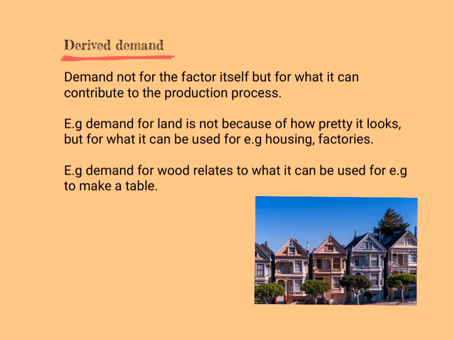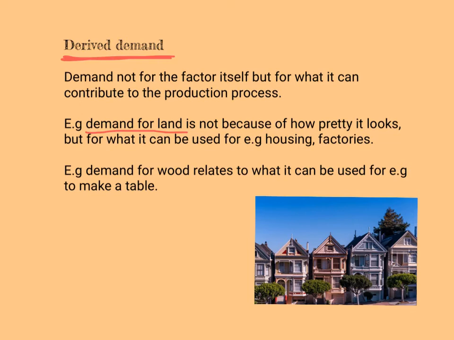On that note, one other definition that we need to know is the definition of derived demand. So demand that is not for the factor itself, but for what it can contribute to the production process. So for example, when we look at the demand for land today, it is not because of how pretty it looks, but for what it can be used for. So for example, to build houses or factories on it. Another example would be the demand for wood. It relates to what it can be used for.